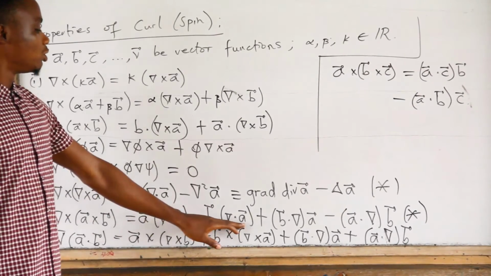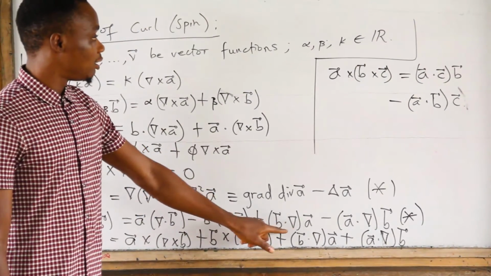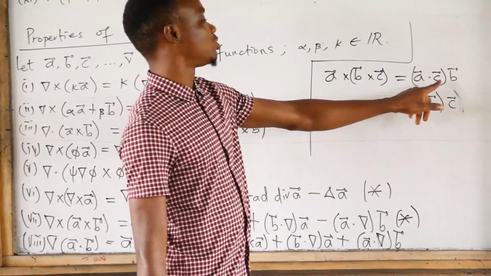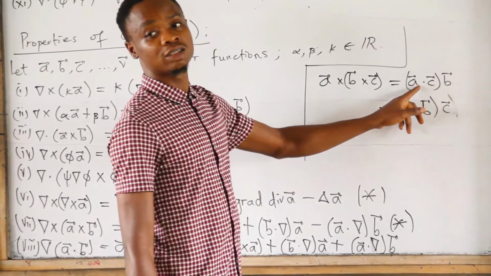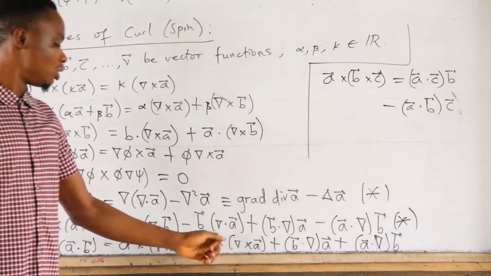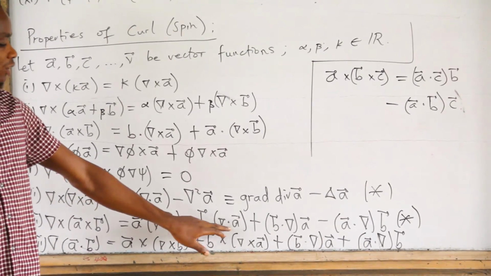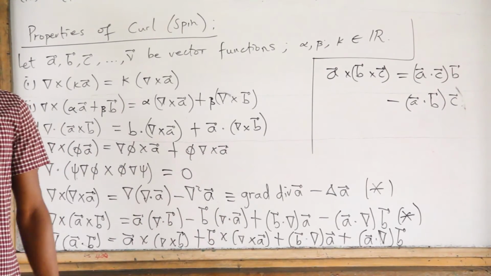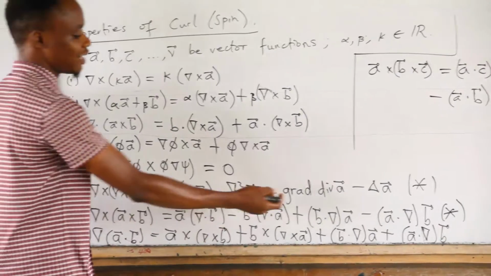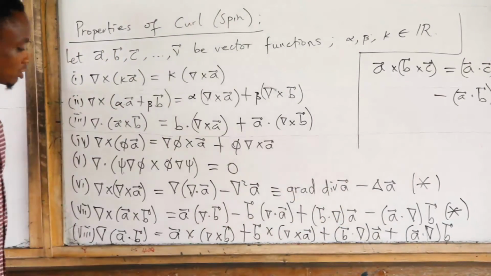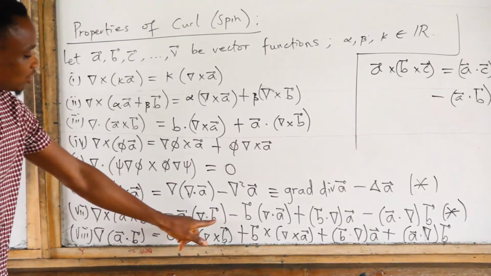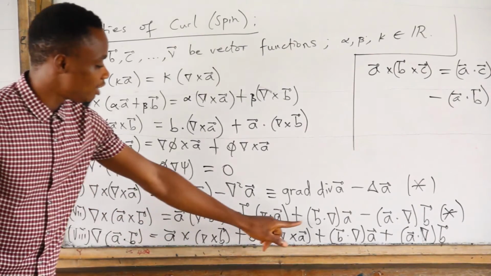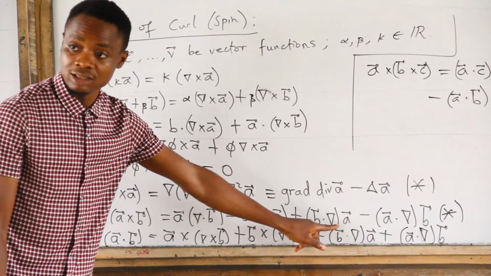Right. But you won't stop there because this expression, in this case now you have these two of them. Now A dot C is the same as C dot A, but nabla is not such a vector, it's an operator. Nabla dot A is not the same thing as A dot nabla. So you will do the reverse of it also and add that result. So you can see here you have nabla dot B A. Here you have B dot nabla A. Is it very clear?